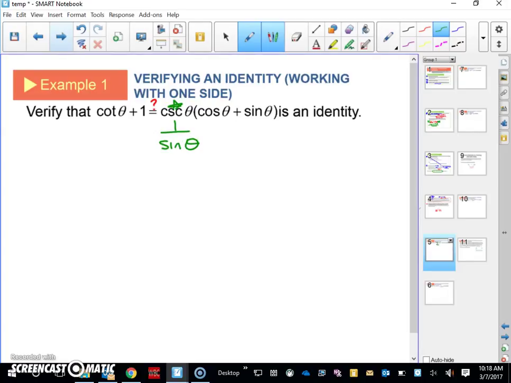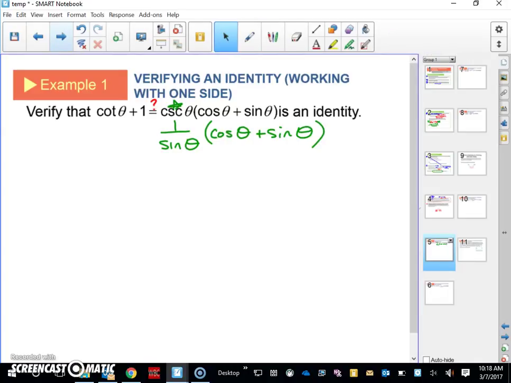Let's just leave the rest alone. I'm going to try really hard to line everything up, and keep that right side underneath the right side of my equation. But I've got 1 over sine theta times the quantity cosine theta plus sine theta.